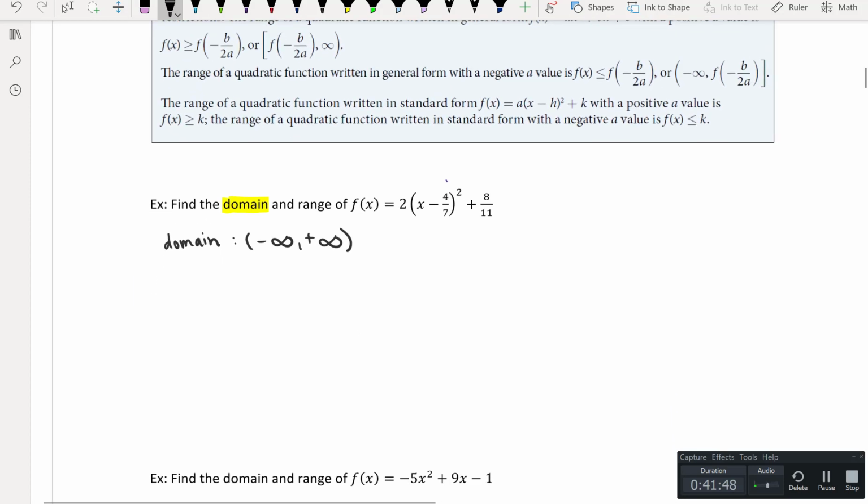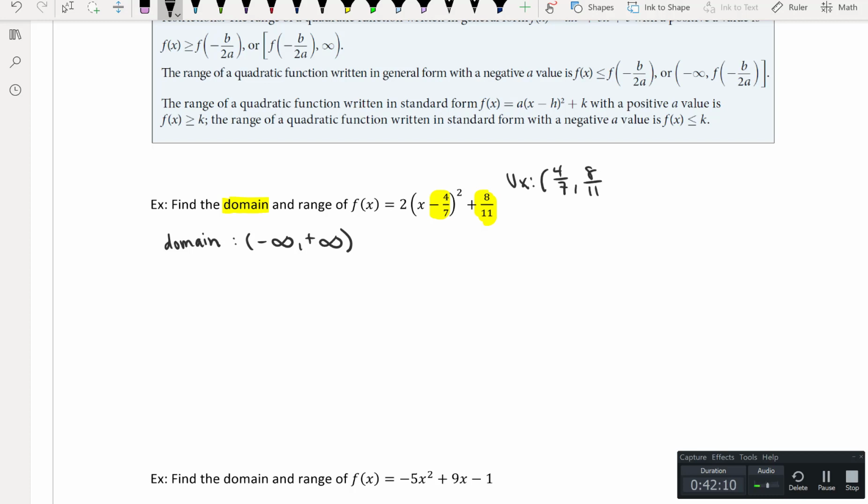And you're like, but wait, how can you be so sure? Well, let's think about our vertex. We have our h value and we have our k value. So my vertex is going to be 4/7 and 8/11.